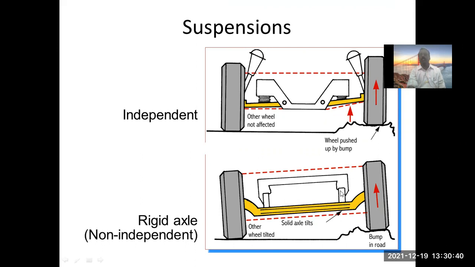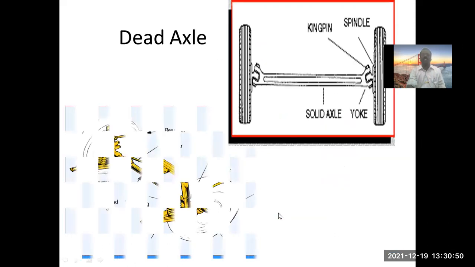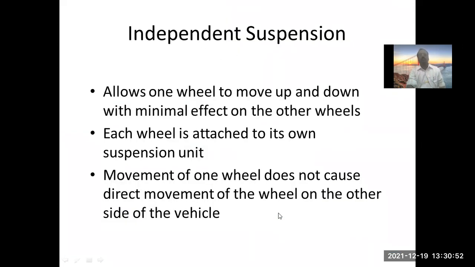But even though there is suspension, whatever change in the height of this particular suspension is going to affect this particular suspension also, because the whole axle itself is getting tilted. In independent suspension, it will not happen like that. Any wheel moving up and down will not affect the chassis in general.